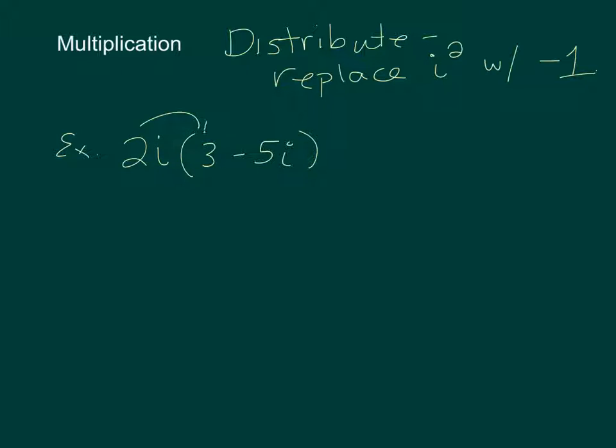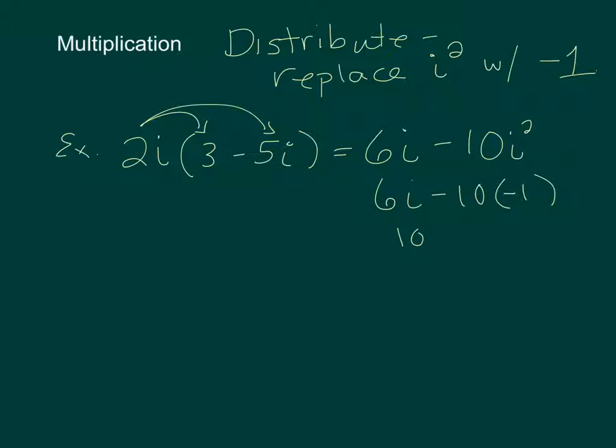We're going to distribute our 2i through, and we're going to get 6i minus 10i squared. And then we're going to replace our i squared with its equivalent, minus 1, and we'll end up with 10 plus 6i.